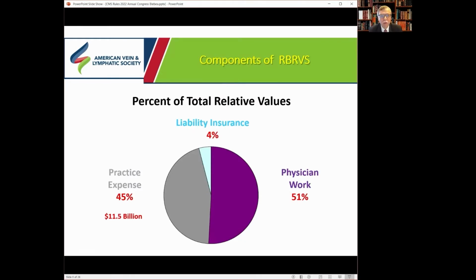When you take a look at the distribution of this, liability insurance is only 4%. Physician work accounts for just slightly more than half of the total cost, but practice expense is a huge component, almost as big at 45%, and last year was about $11.5 billion just for Medicare payment to physicians.